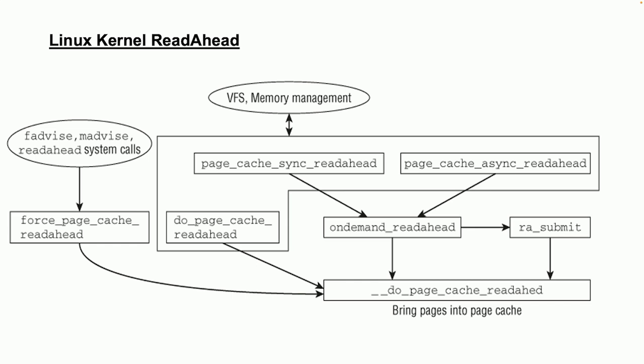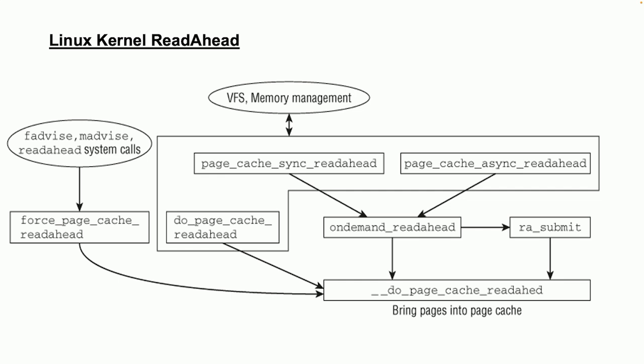kernel page cache. And if you see here, either we are going through the sync read ahead or the async read ahead path. Both paths will converge in the kernel at some API which is called on-demand read ahead. This on-demand read ahead function has lots of heuristics where it decides what should be the read-ahead window, and from where the read-ahead window should start.